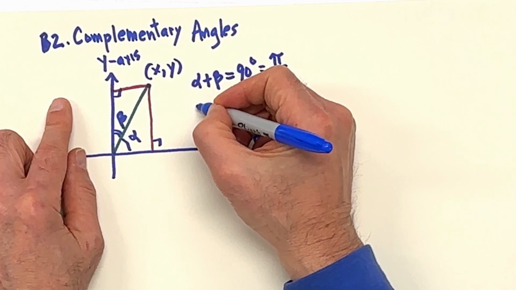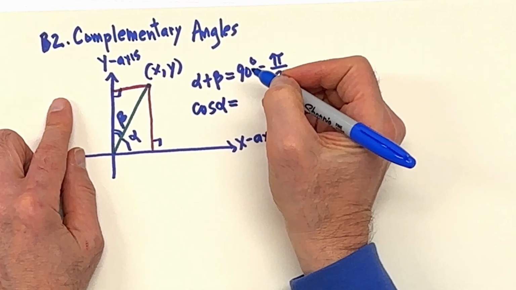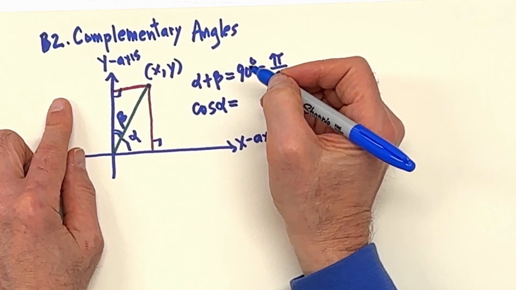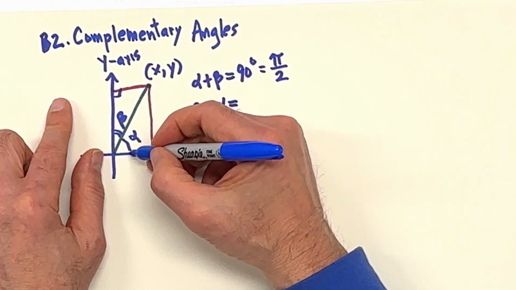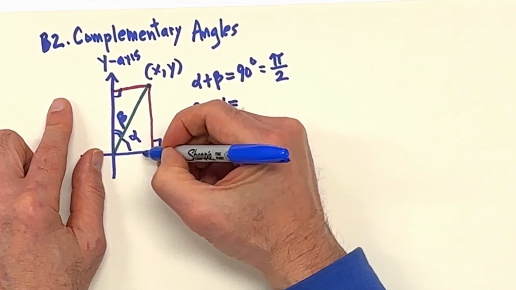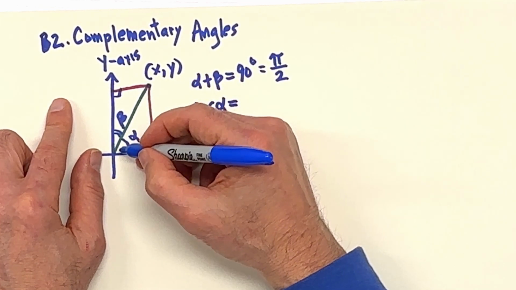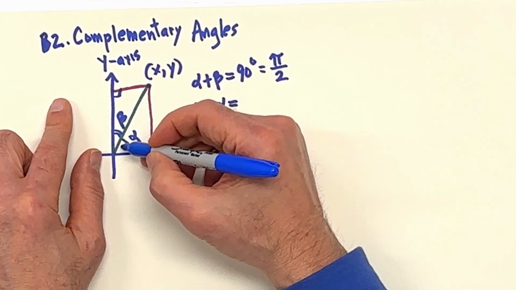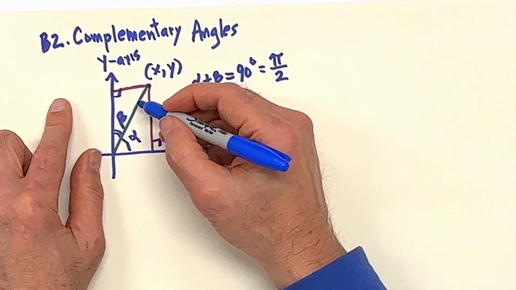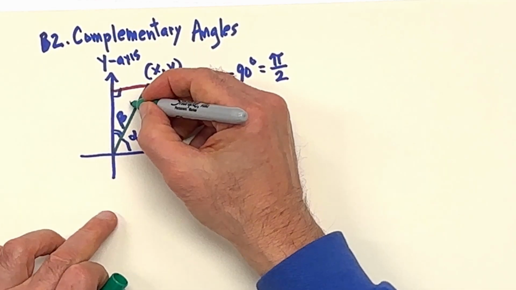Now the definition of the cosine of the angle is to take the side that's along the x axis and divide by the length of the green line. We're going to make that green line equal to length 1.